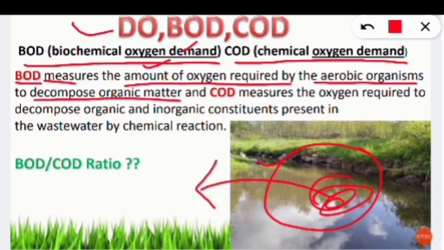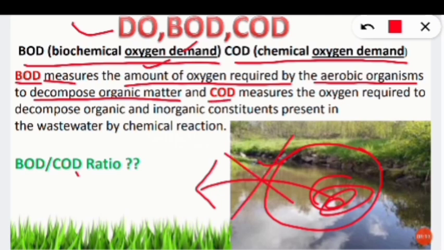How much oxygen they need, that is the BOD. If they need more oxygen, that means there is more organic matter present, that means the water is more polluted. So if BOD is high, it is not good for the water quality.